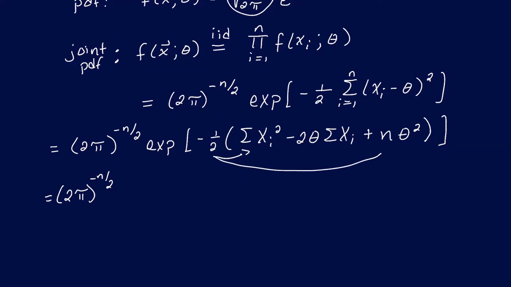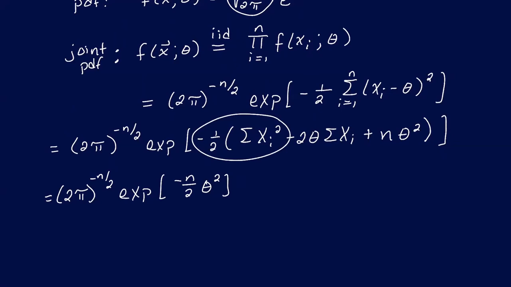So that's going to come from this third term. That's going to be e to the minus n over 2 theta squared. And now I'm looking for pure x stuff, and that is going to come from this first guy. So this is going to be e to the minus 1/2 sum of the xi squared.